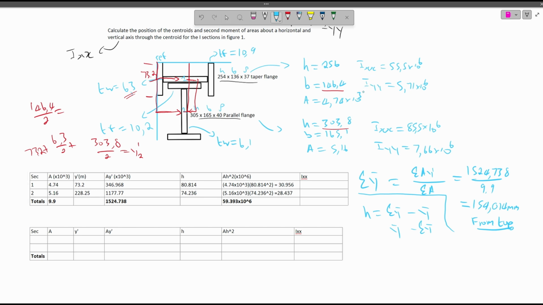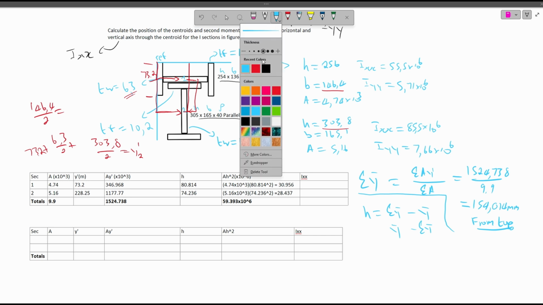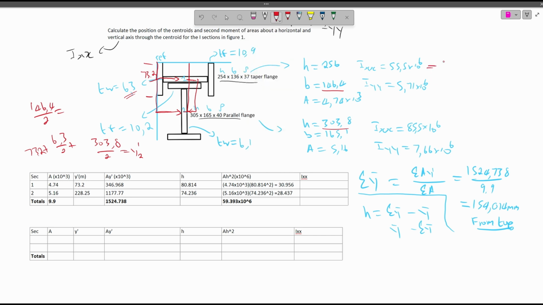But keep in mind that our shape 1 is rotated, meaning our Ixx becomes our Iyy, and our Iyy becomes our Ixx. So this one, you're going to use it in Iyy, which is here.